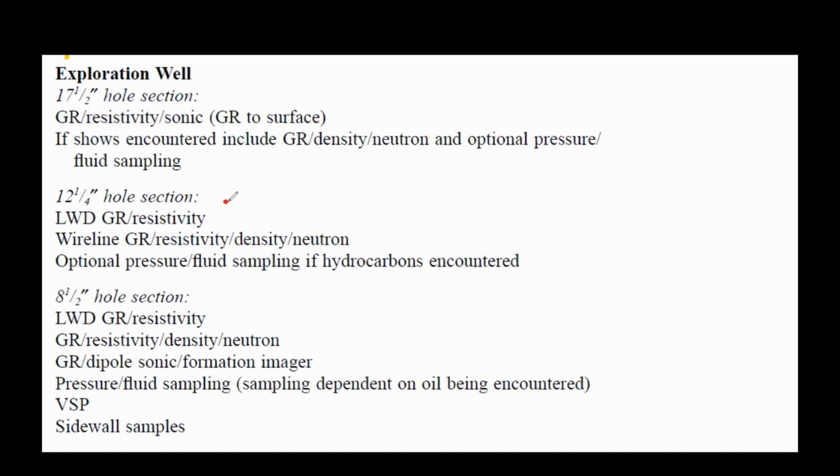If it is a 12 1/4 inch wellbore, they'll go with LWD: gamma, resistivity, density, and neutron. Just remember, a density neutron log is a combination of density and neutron, to determine whether it is oil, gas, or water. They use density neutron to distinguish between these three because water has the highest density.